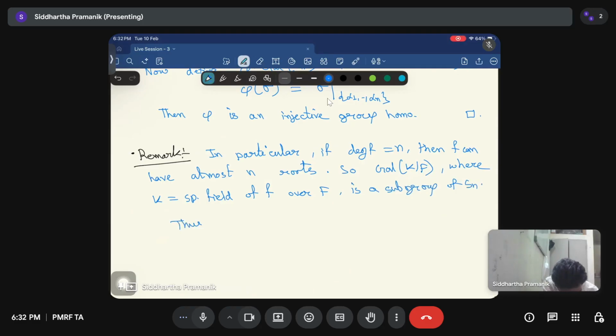Thus, the order of the Galois group must divide n factorial. So this is a general upper bound for the Galois group. So this will be useful.